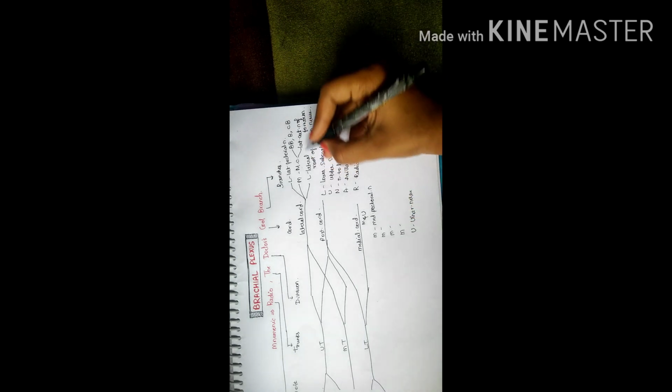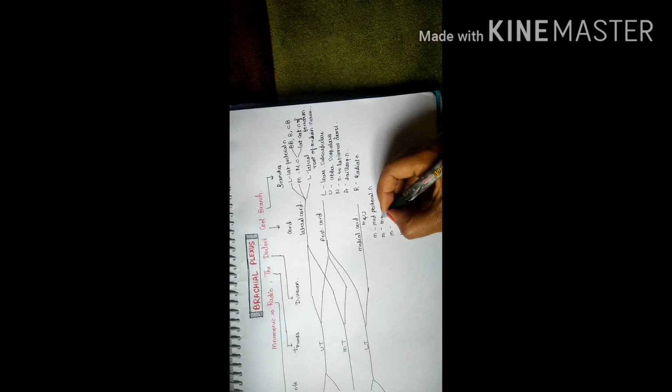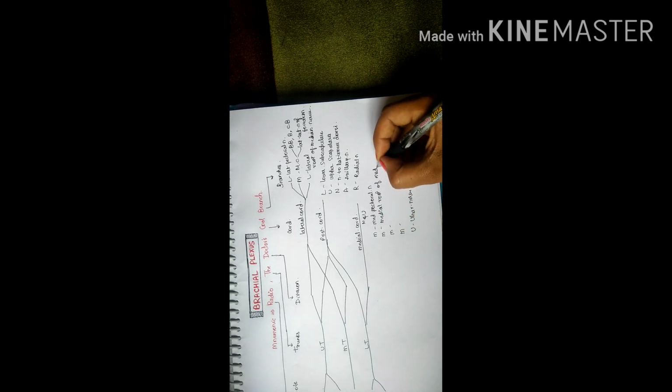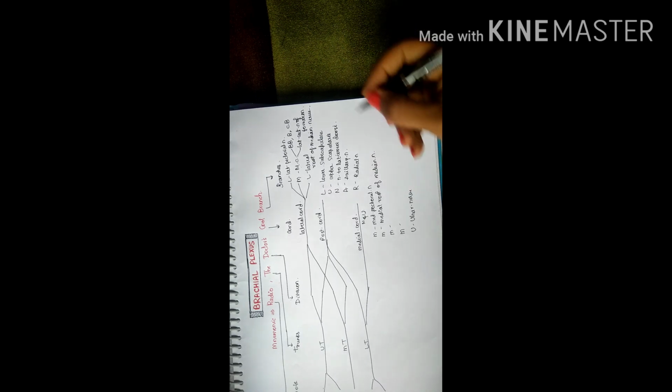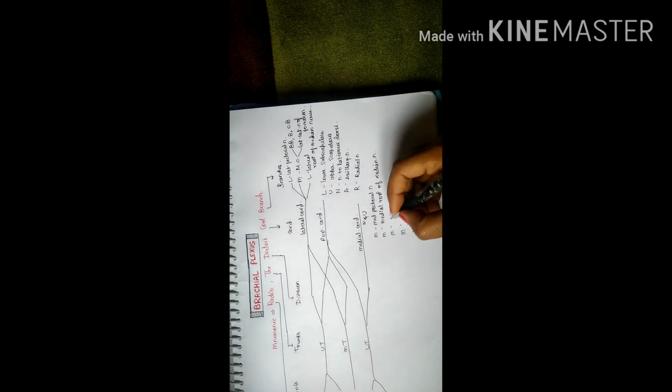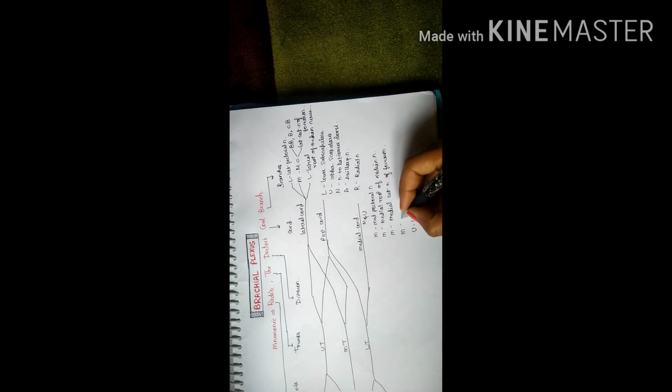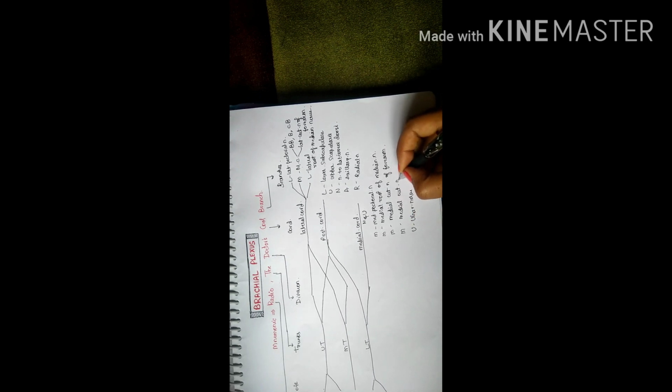Here we have lateral root of median nerve, so here we have medial root of median nerve. And here we have lateral cutaneous nerve of forearm, so here we have medial cutaneous nerve of forearm. And we have medial cutaneous nerve of arm also.